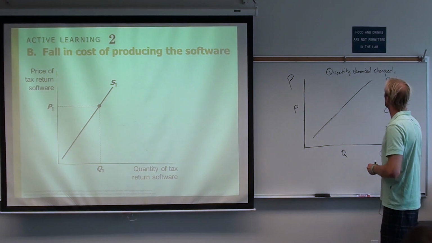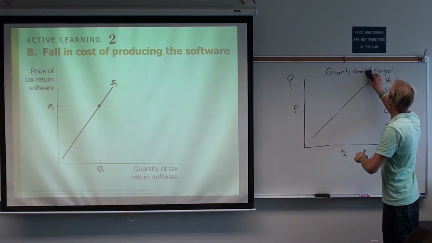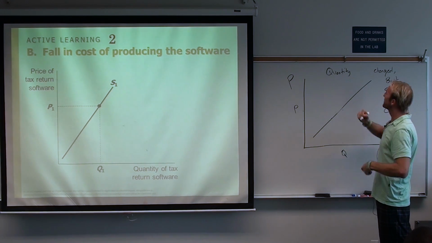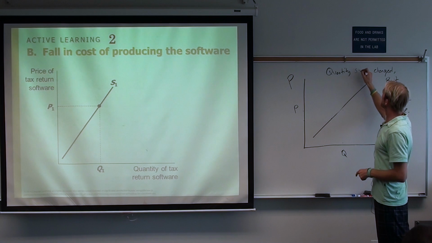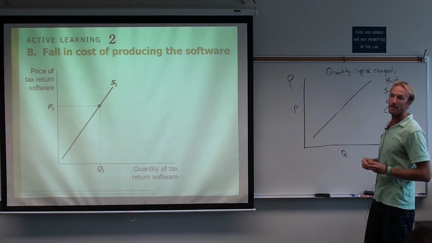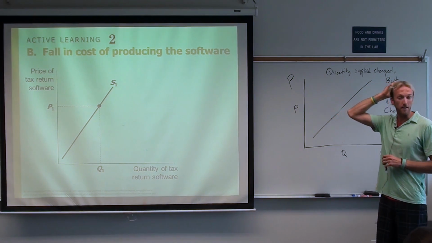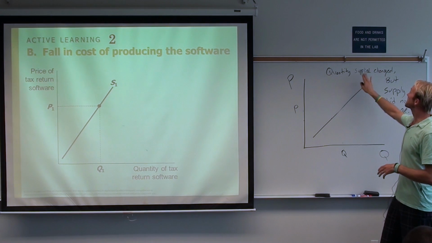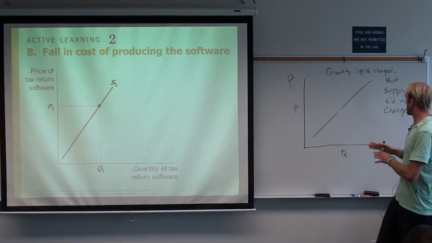Okay. Oops. You know what? I just saw, you guys didn't catch me here. This was quantity supplied change. Sorry. Note that, online students. This was quantity supplied changed for the last example when Best Buy cut its prices. The quantity supplied changed, but the supply did not change.